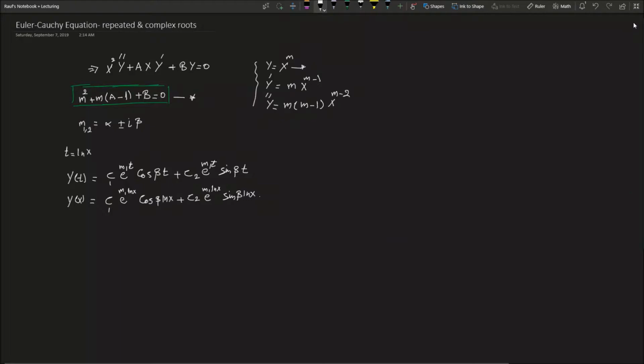So these two forms will be coming useful while solving an Euler Cauchy equation with complex roots.